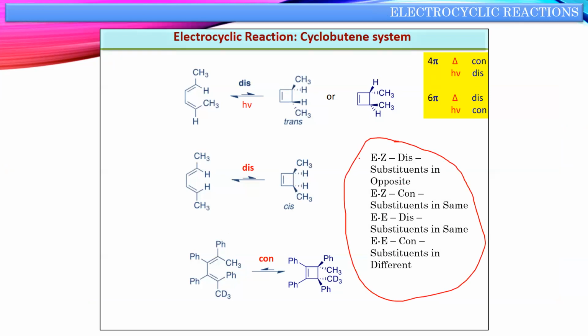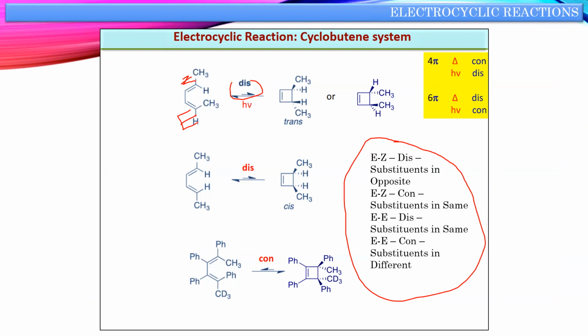This is very, very useful in deciding the stereochemistry of the substance. Here CH3 is Z configuration. You may know about the E-Z configuration, right? This is E. For E-Z disrotatory, the substituents are in opposite positions. What are the substituents?